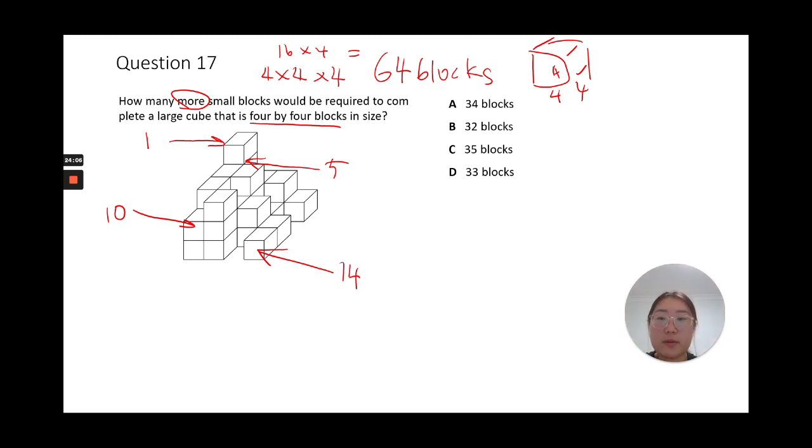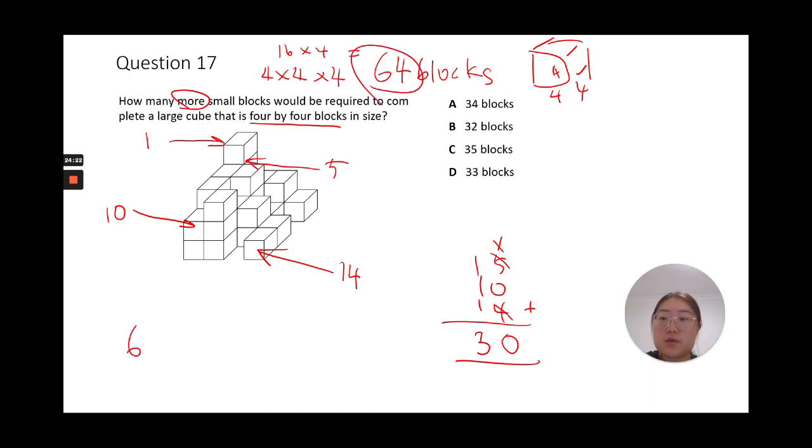I just counted them up by marking them. Now we add them all up, 1, 5, 10, 14. Try to make 10: 1, 5, 4 is 10, and we get 30. So we have 30 blocks right now. We want 64. So what do we do? 64 minus 30, and you get 34 as your answer, which is option A.